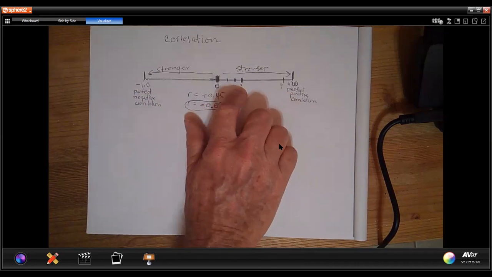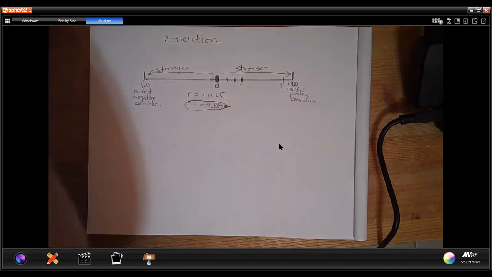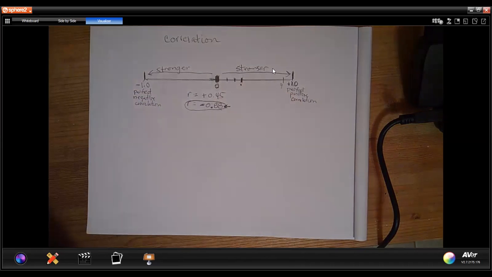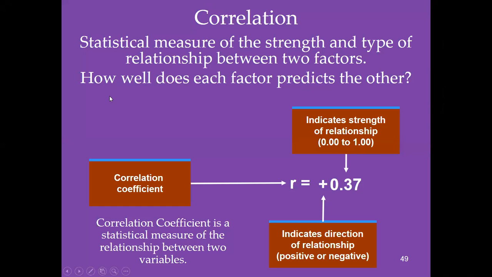Okay, now, when we look at these correlation coefficients, let's go back to our other screen again. Note that this also tells us how well does one factor predict the other, okay? If we have our correlation coefficient, then we can know to what extent can we predict one thing by knowing the other.